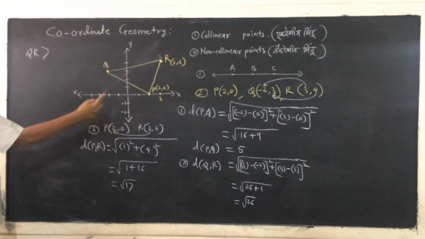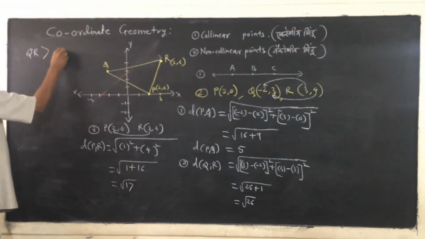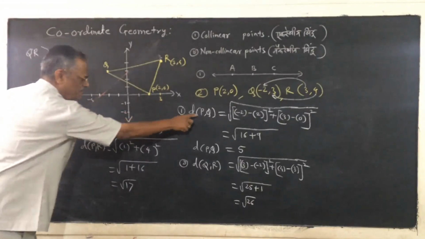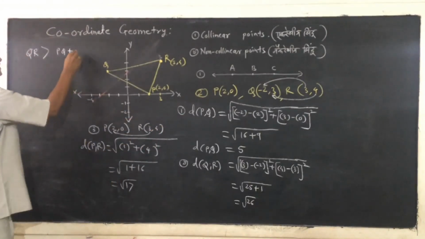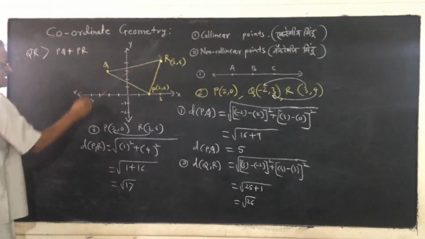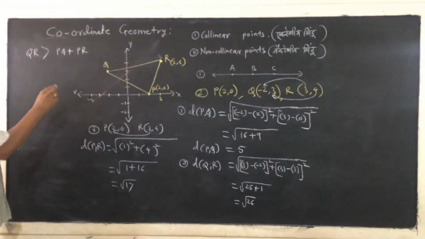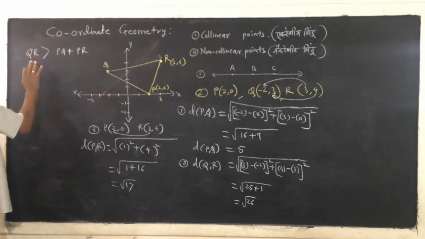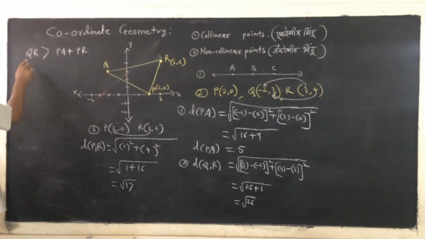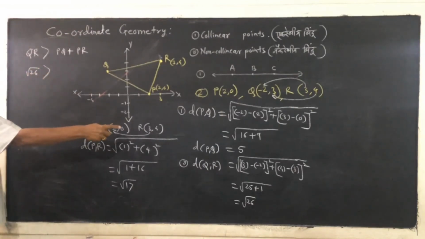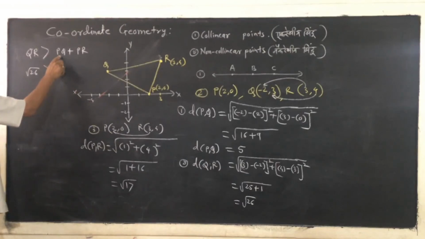So you can see that we have to compare the addition of PQ and PR. QR is under root 26, and PQ is 5 and PR is under root 17.